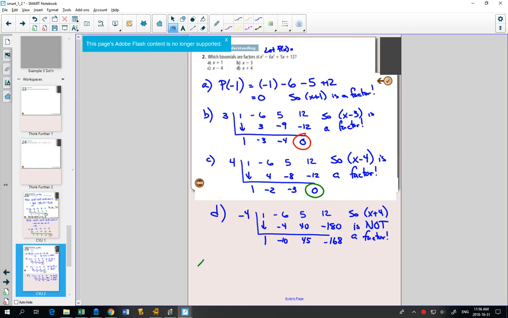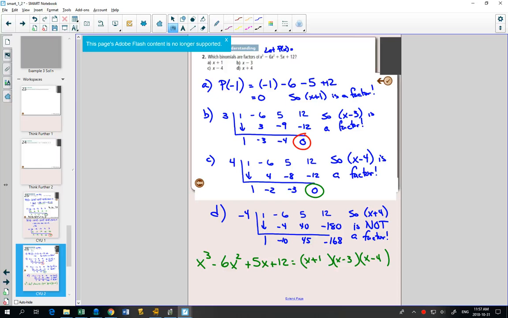That means that x cubed minus 6x squared plus 5x plus 12 is equal to x plus 1 times x minus 3 times x minus 4. And it's factored completely.